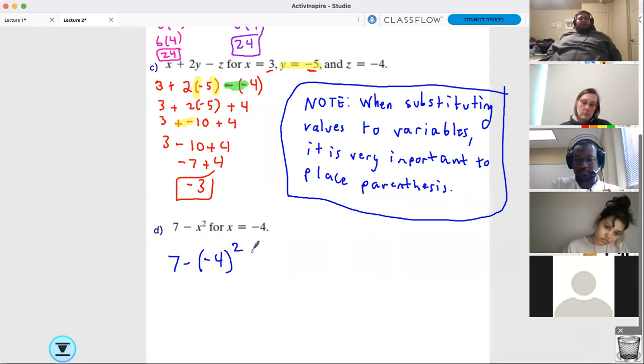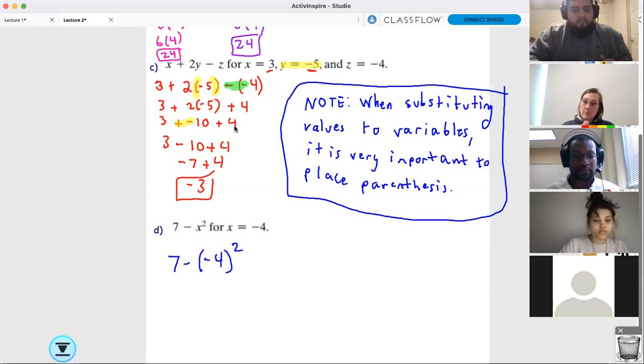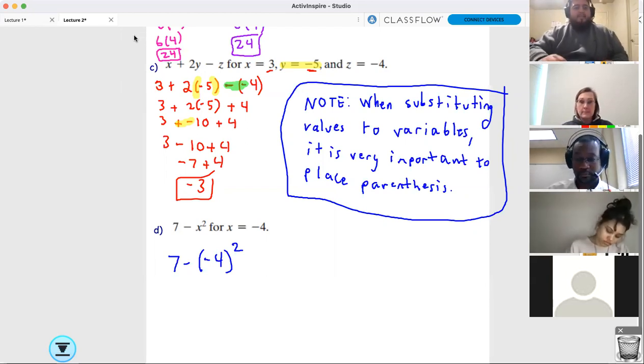Can someone tell me what negative 4 squared will be? Positive 16.